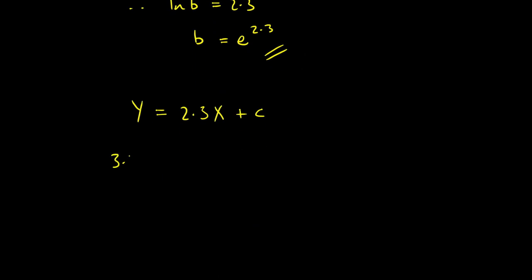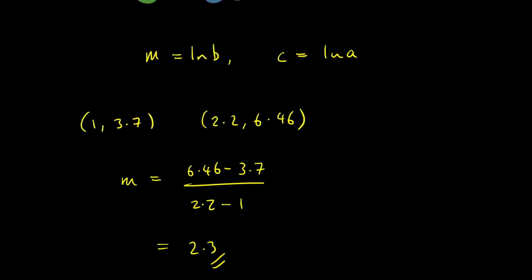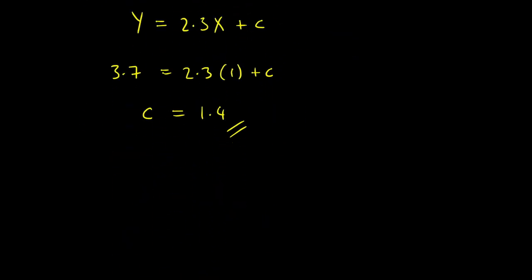So 3.7 is equal to 2.3 times 1 plus c, and that means that c is going to be equal to 1.4. And of course, if c is 1.4, then remember that c is equal to ln a. So ln a will be equal to 1.4, and so a is equal to e to the power of 1.4.